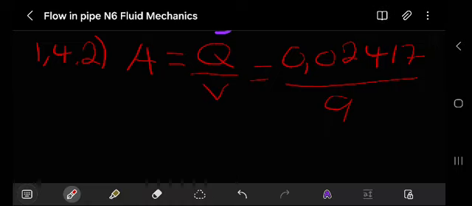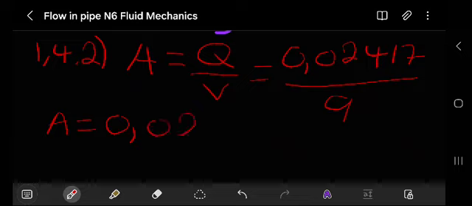Punch this on your calculator. You're supposed to get that the area is equal to 0.02685. This is the area, but we want the diameter.